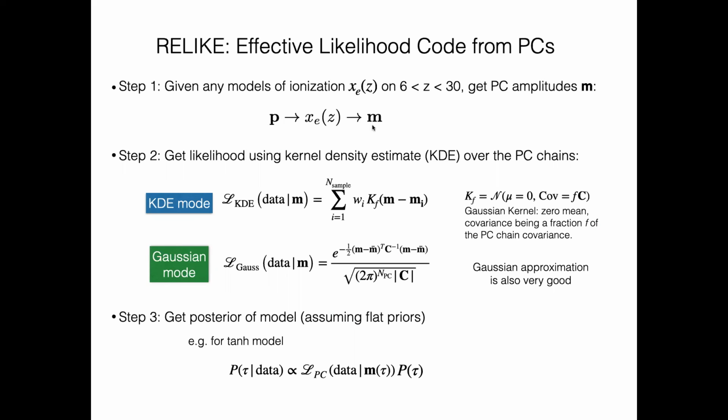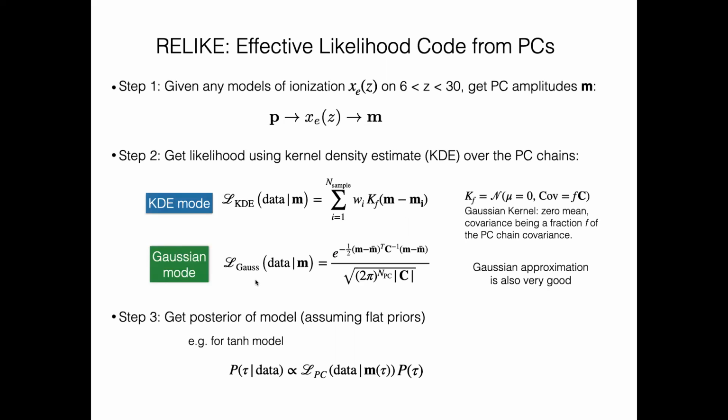You would project that onto the PCs to get an amplitude, so you get 5 numbers. And under the hood, we have a kernel density estimate over the whole 1 million point PC chains that we have. So basically we just smooth around the particular point you're requesting, since our chain may not fall on every possible point, and obtain the likelihood of this particular point.